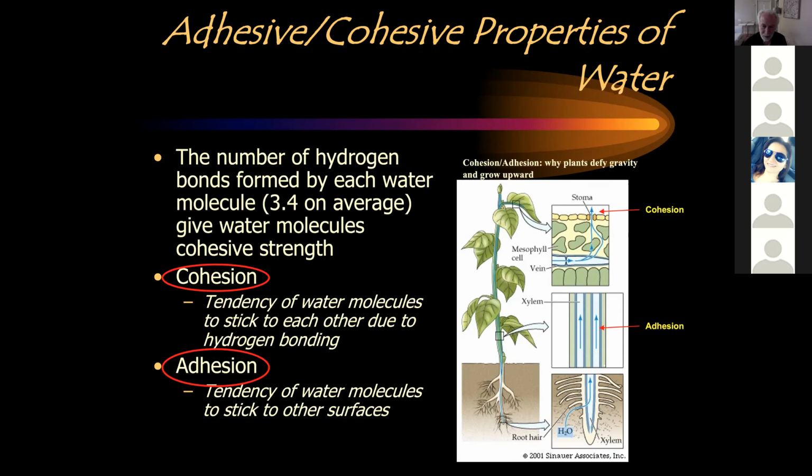And that's really important for plants. How are they able to grow up and become very tall trees in some cases? Part of the reason is the adhesive and cohesive properties of water. If you look at a plant, where does the water come from?